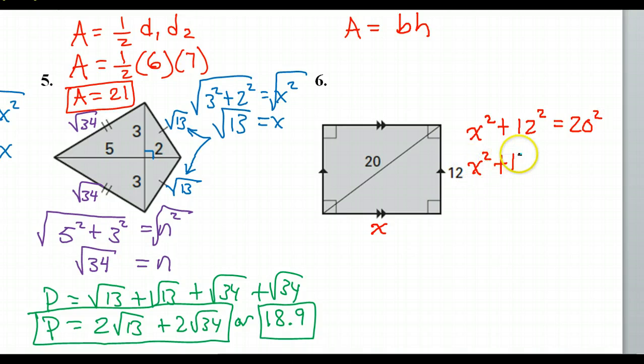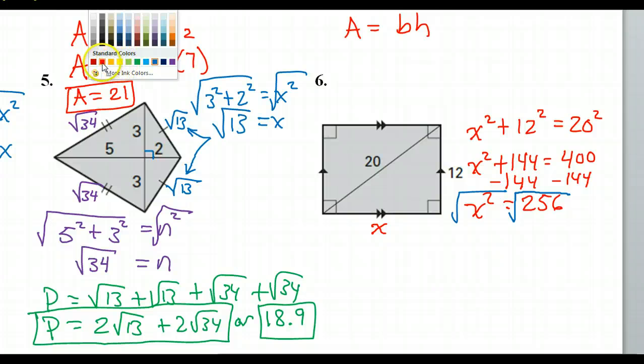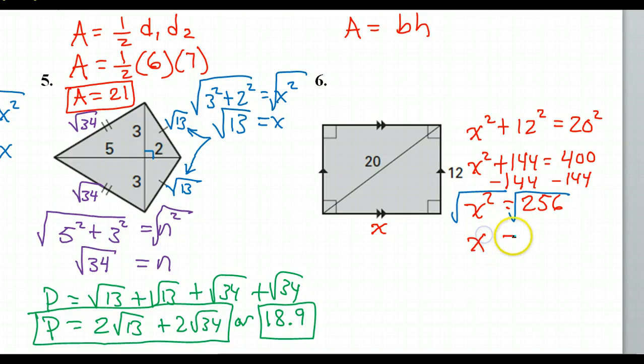That's x squared plus 144 is equal to 400. Subtract. That's going to give me x squared equal 256. If I take the square root of both sides, I wind up getting x equals 16. Okay, so that means the base is 16.